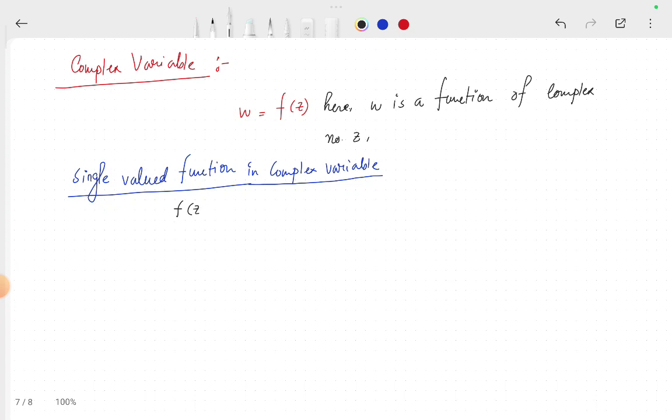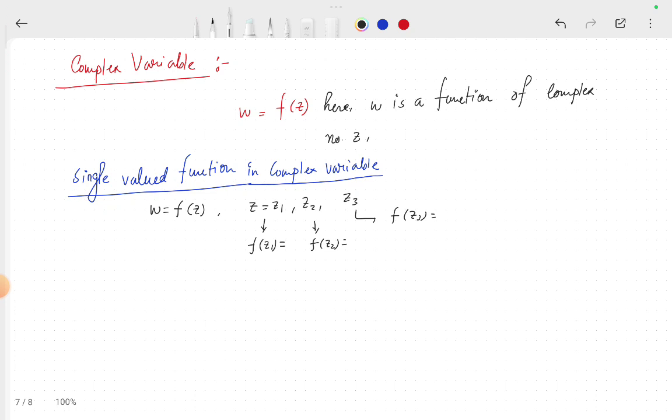Let's say w equals f of z is a function, and for each value of z, let's say z equals z1, z2 and z3, f of z1 gives you a single value, f of z2 another single value, and f of z3 gives you another single value.